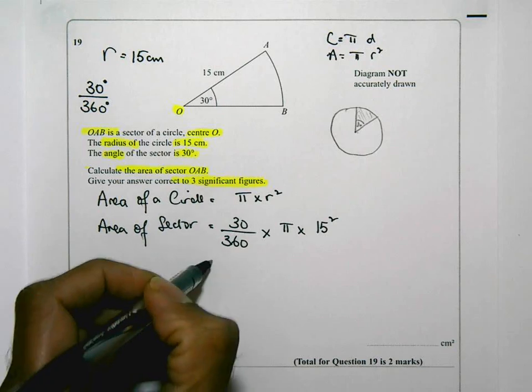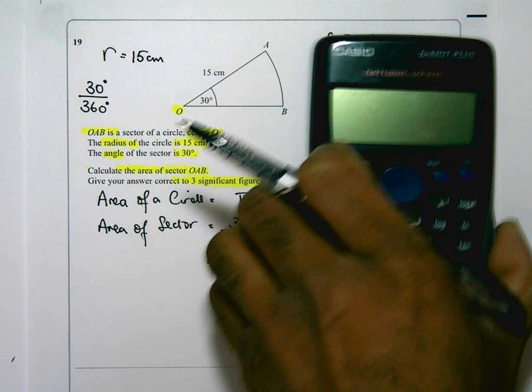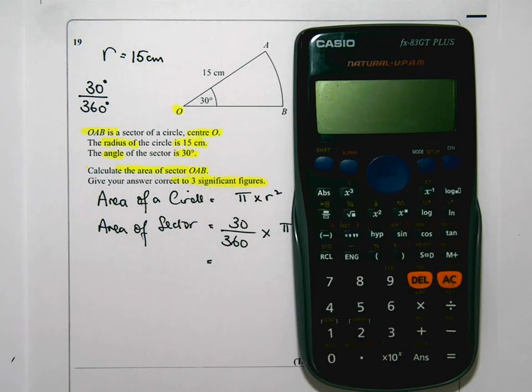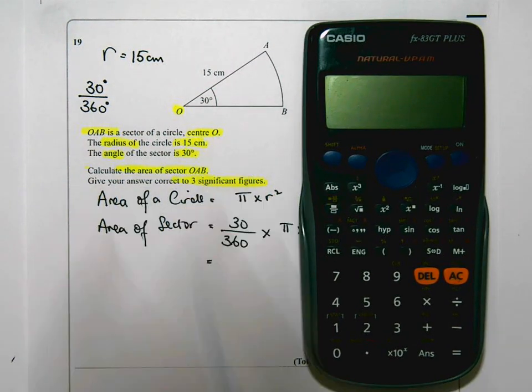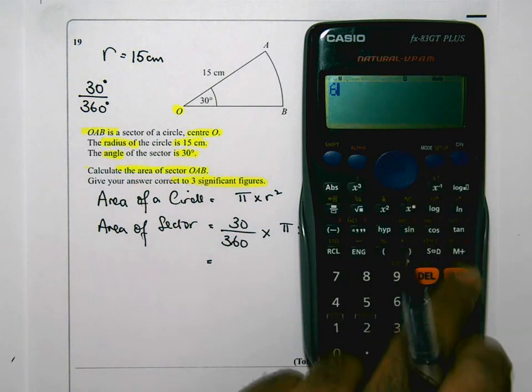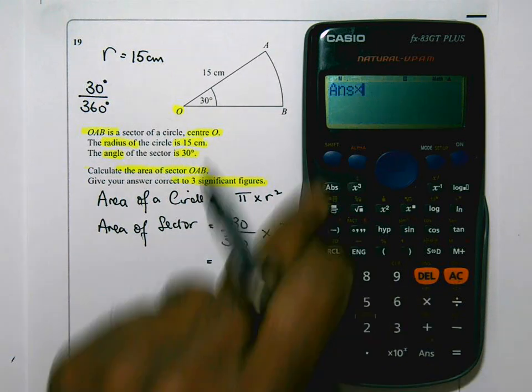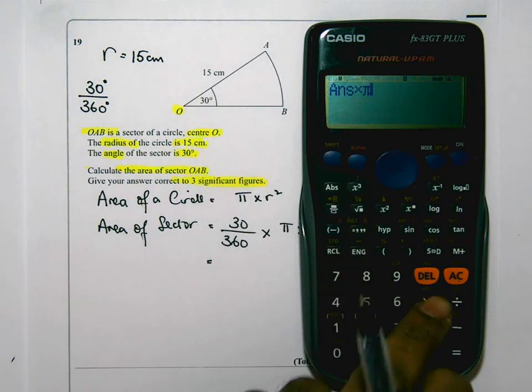So, doing it in stages, I could see that here. Alright, so turn it on. 30 divided by 360 equals, so we've got that. I'm going to times that by pi, and then times that by 15 squared.